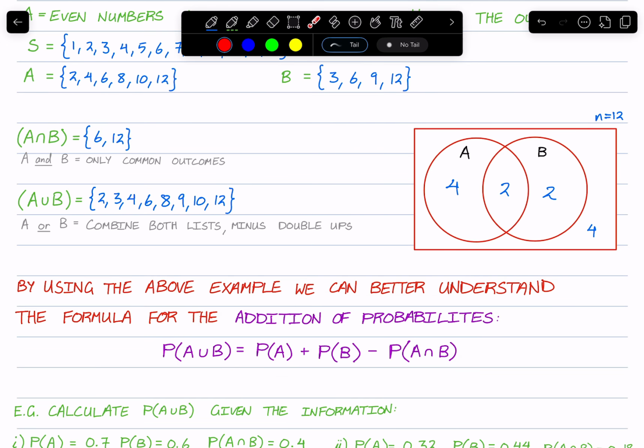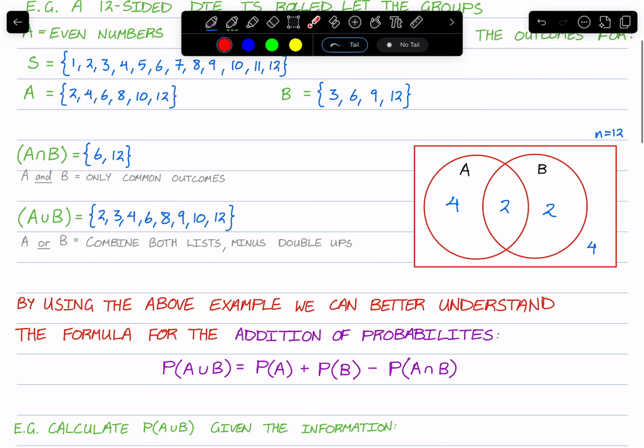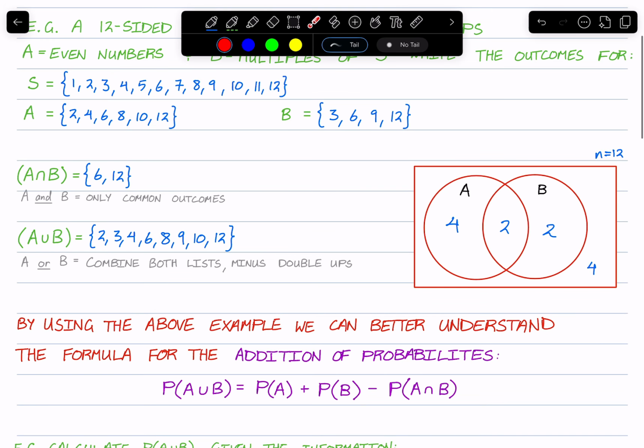Now that we have this, we're going to use this example to understand the addition of probabilities. The probability of A or B, or A union B, is the probability of A plus the probability of B minus the intersection of A and B. The logic behind this is as follows.